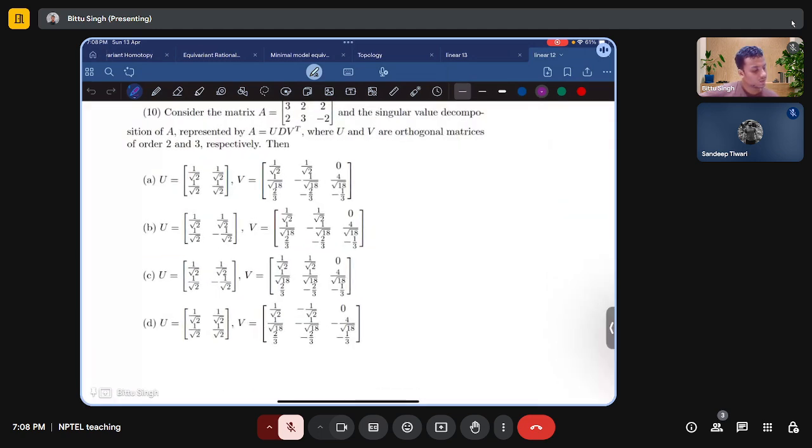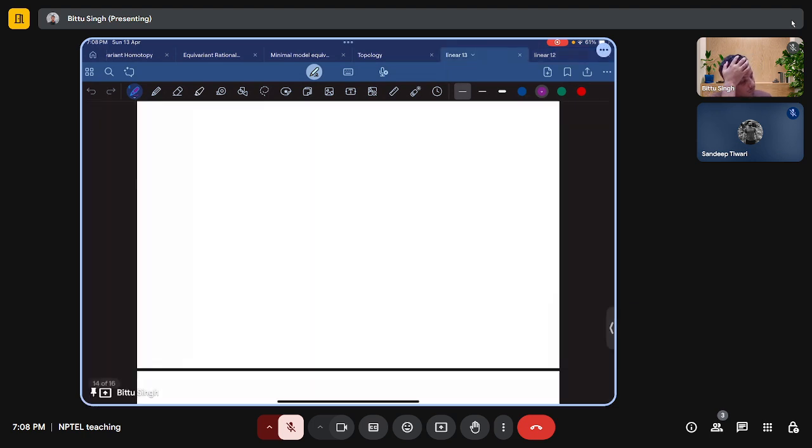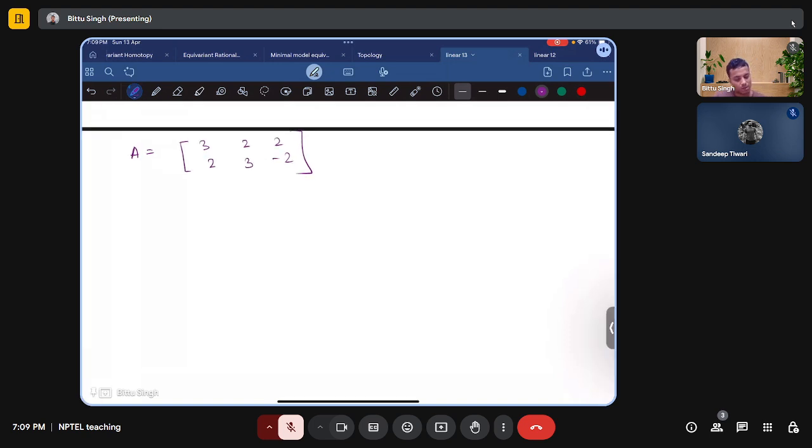Yes, that is the previous question, right? We need to solve this problem. A is given as 3 2 2, 2 3 minus 2. We need to find this decomposition, U sigma V transpose.